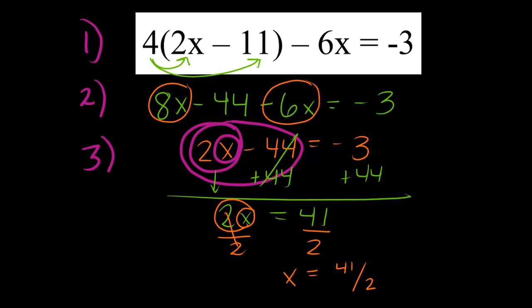In step 3, I used which property? Right, I used the addition property of equality there. And finally, in step 4, yes, I finished with the division property of equality there, and I ended up getting an answer of x equals 41 over 2.